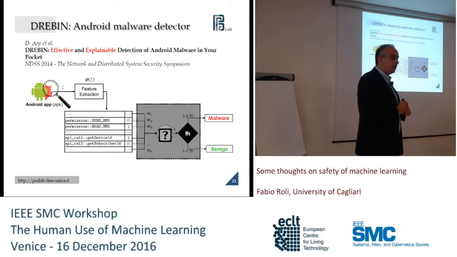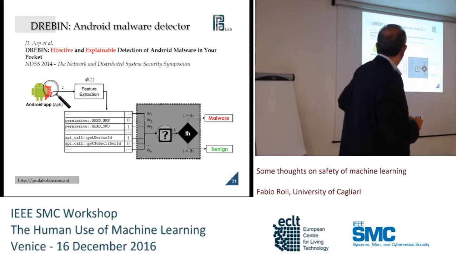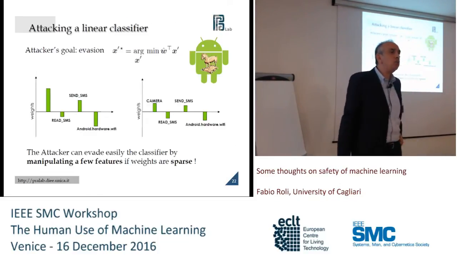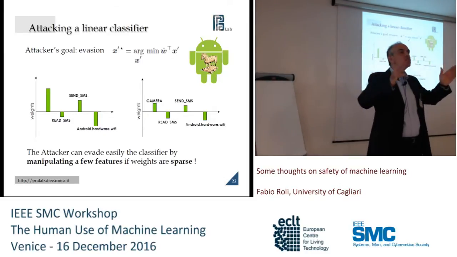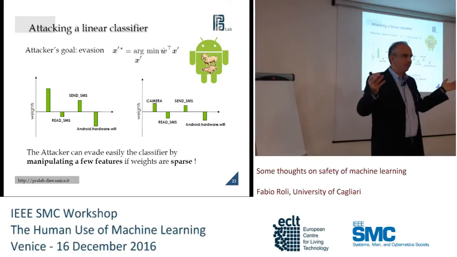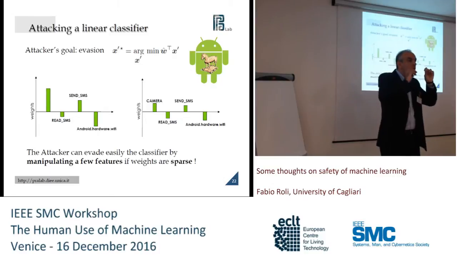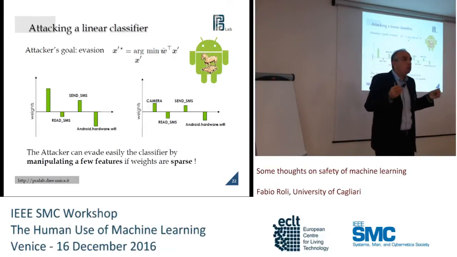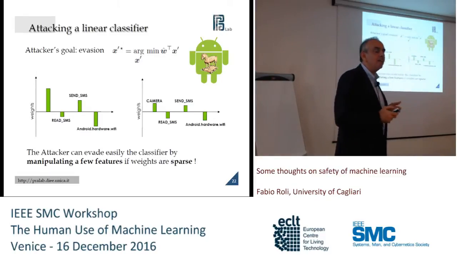What we discovered collaborating with these people who invented Drebin is that it is quite easy to evade this detector, because usually they prefer to have very sparse weights. Why? For computational reasons, it's faster. But of course, for an attacker, it's much easier to change the value of only some features. How do they do it? Well, they use a lot of well-known tricks to obfuscate the code of the application. And so it's quite simple to evade the detector.